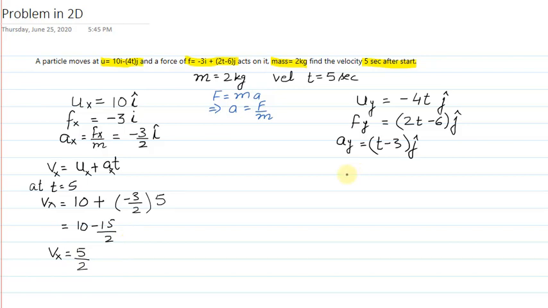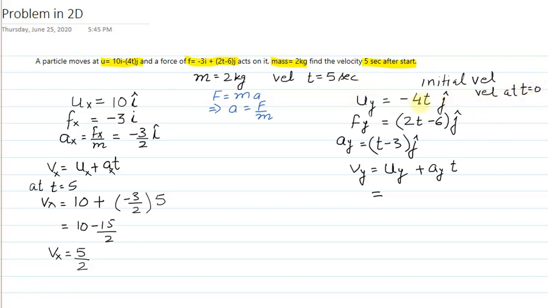Now let's do it for the y-axis. So vy = uy + ay t. Now understand that u is the initial velocity, and initial velocity by definition is the velocity at t = 0.